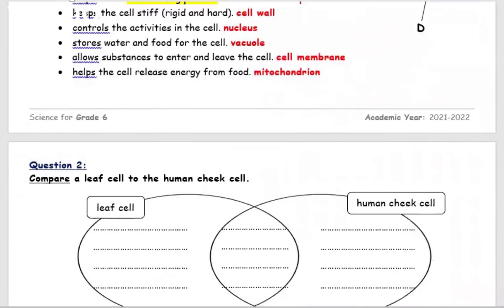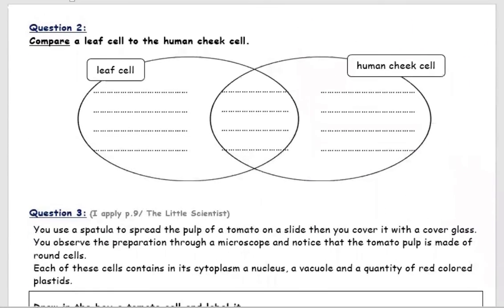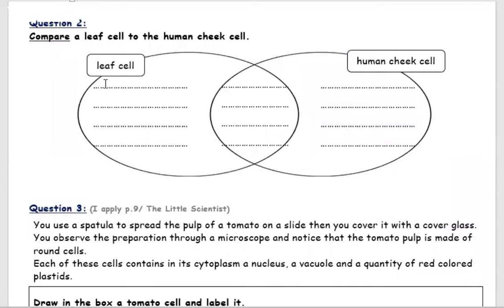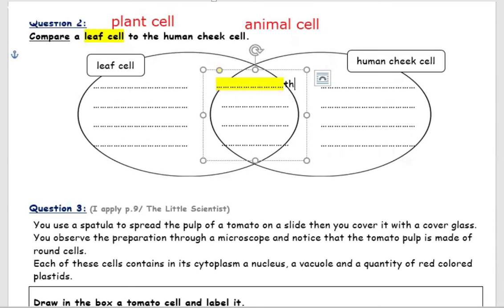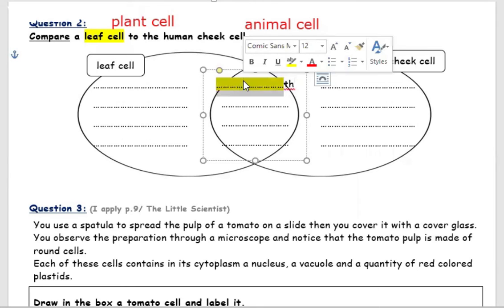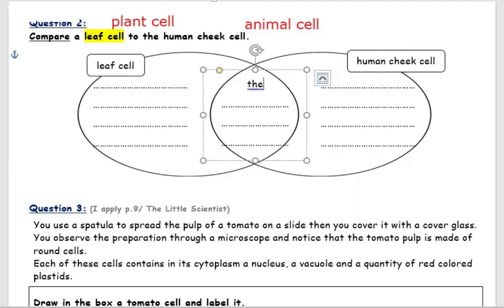Second question. Compare a leaf cell to the human cheek cell. So here we're talking about a plant cell versus an animal cell. All cells share three things.